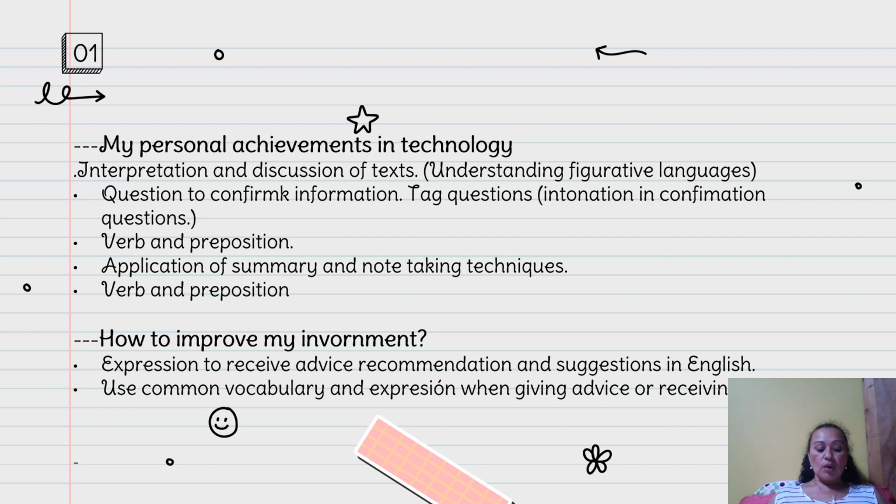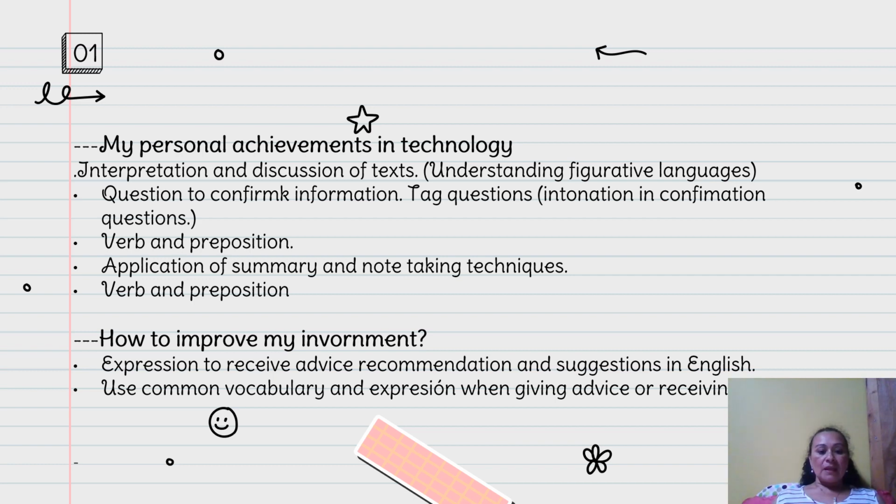Use common vocabulary and expressions to give advice. For example, if the person is sick, you can use I recommend, I suggest, you should, if I were you, I think you should. This is for when the person is very sick.